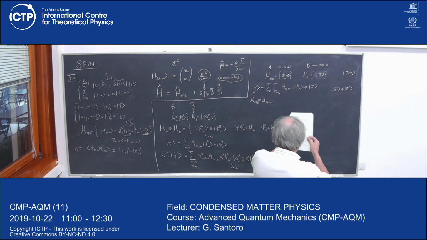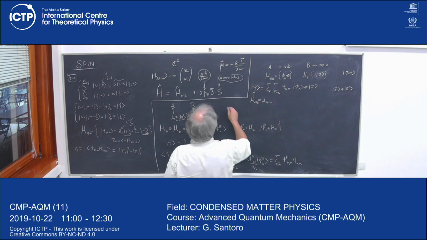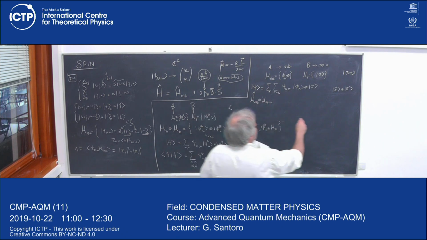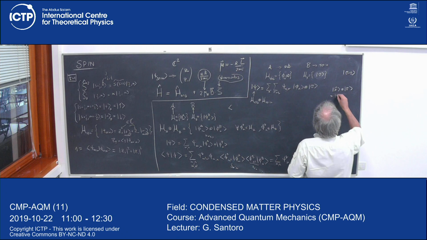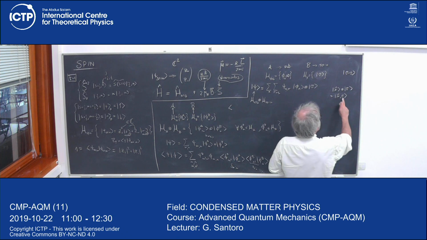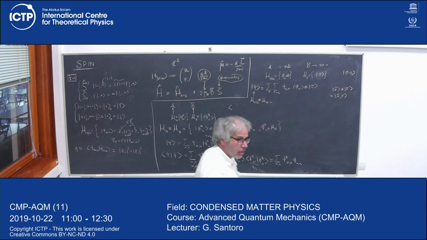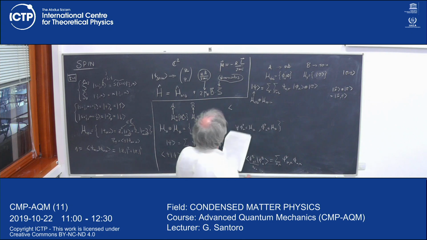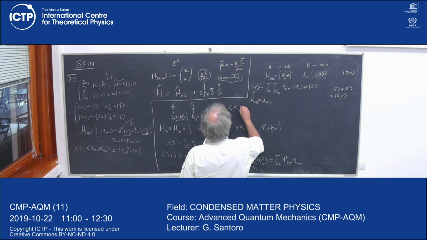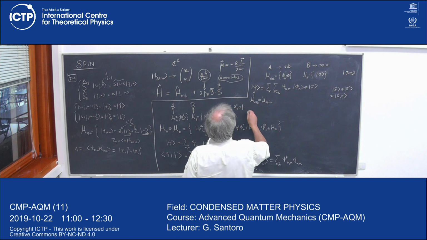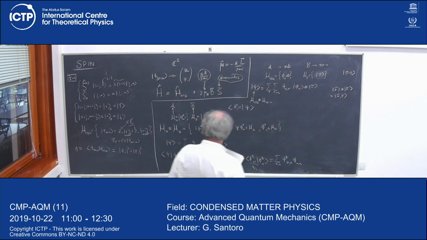Now I take the scalar product of, let me abbreviate it as, x comma sigma. Whenever I write something like this, what I mean is actually this longer writing. So x comma sigma, scalar product with psi, written there.